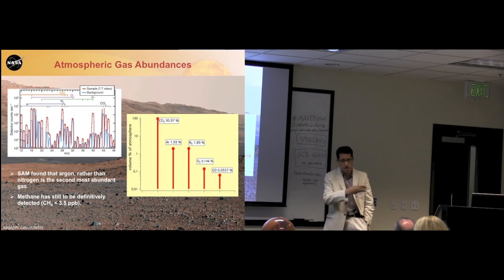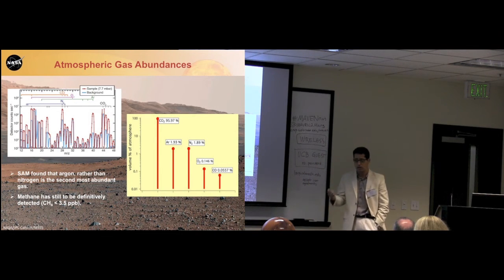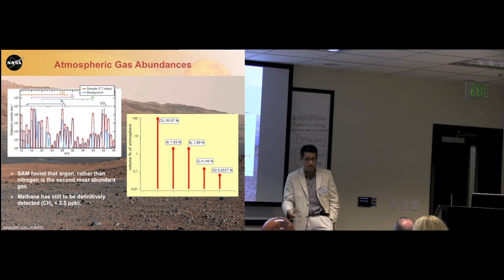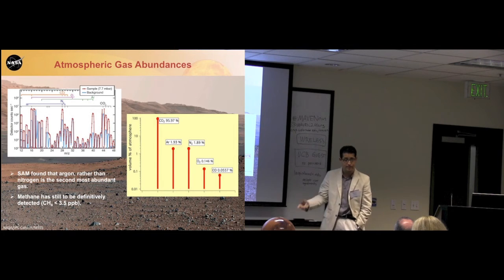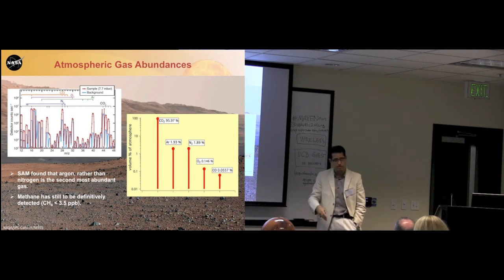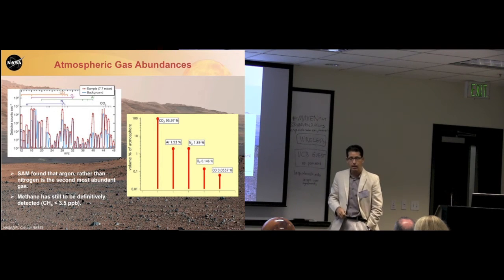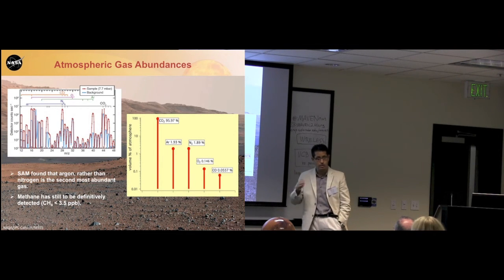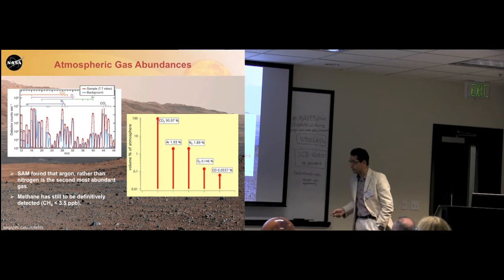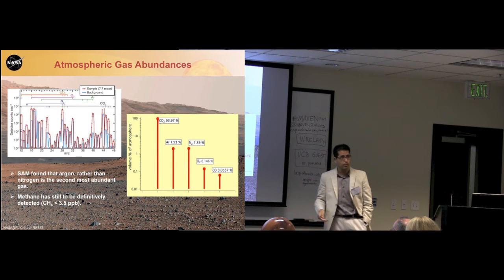If it's from a biological origin, that's it. If it's from geological origin, then it's mostly hydrothermal, and that means there is liquid water interacting with rocks to make this methane today. And so going after the methane was a big thing for MSL, and that's why we designed SAM to specifically target methane. Unfortunately, or fortunately, I don't know, up to today we were not able to detect methane.